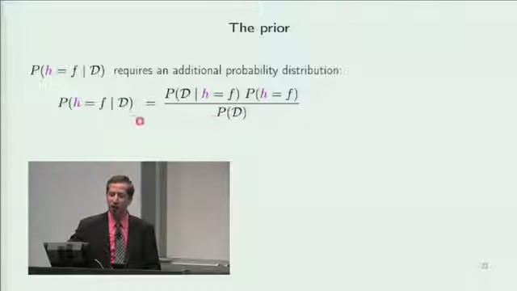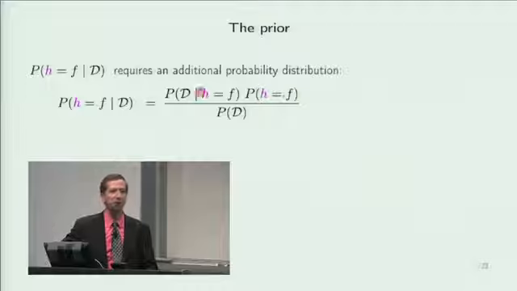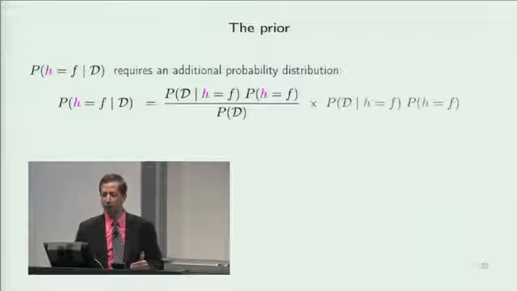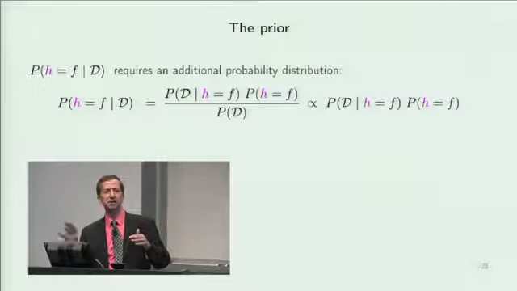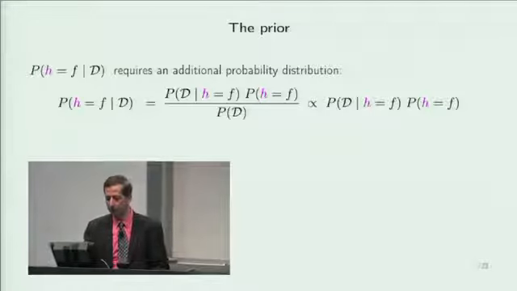And in fact, if your job is to just pick h according to this criteria, then this fellow doesn't matter, because it doesn't depend on h. It scales all of them up or down. So if you are picking between two hypotheses according to this probability, you might as well forget about this and take the numerator as your indicator and pick the one that gives you the bigger numerator, okay? So you think of this as proportional to this, and this is what I'm going to use, okay?